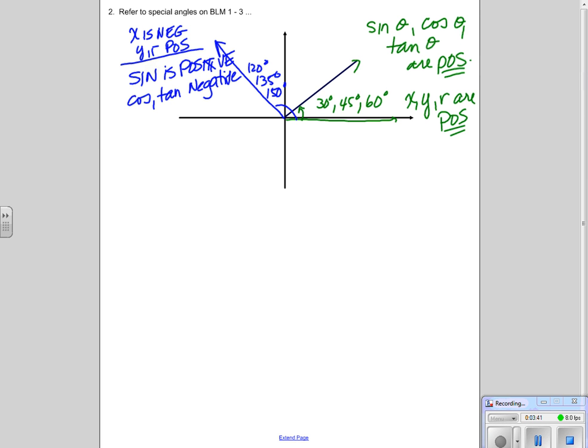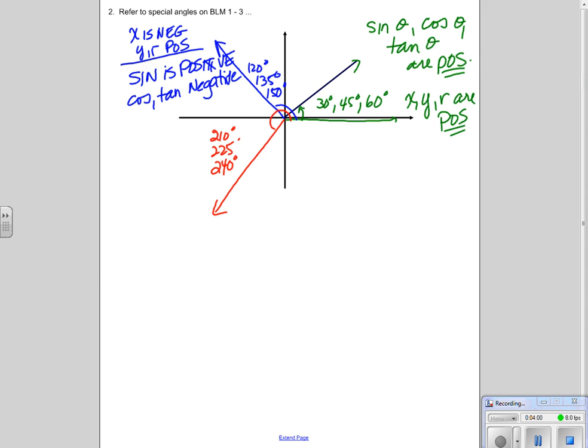We looked at a number of angles between 180 and 270. We considered, let me just draw this here, angles of 210, 225, and 240.